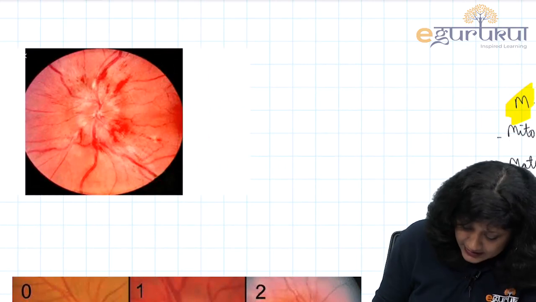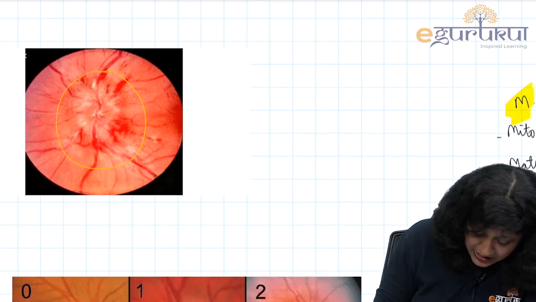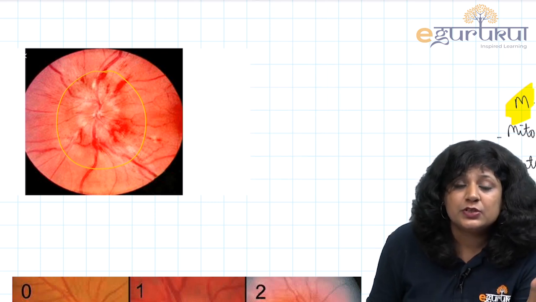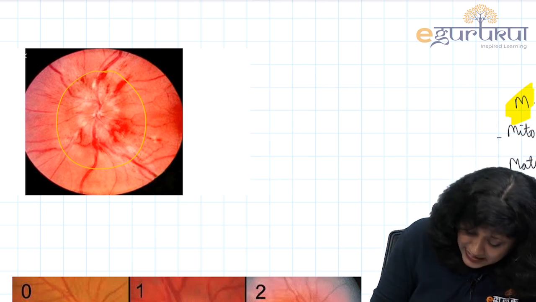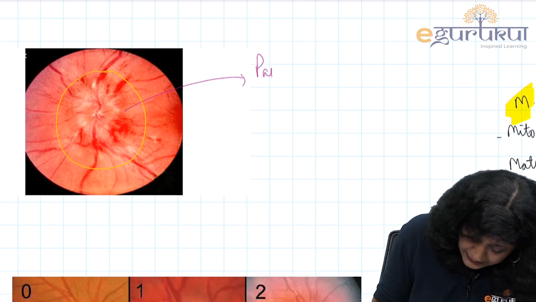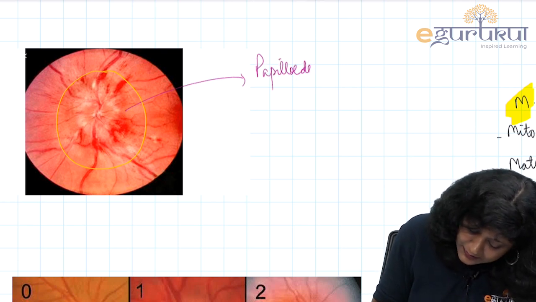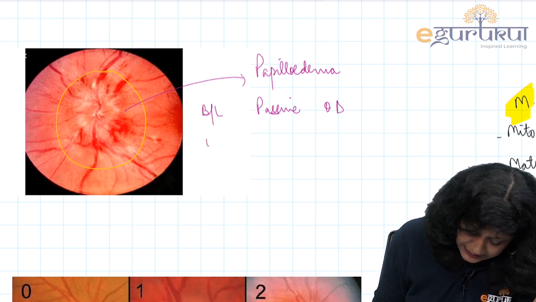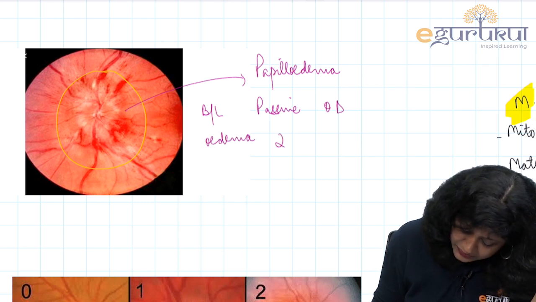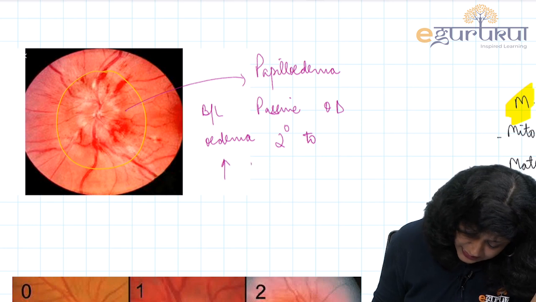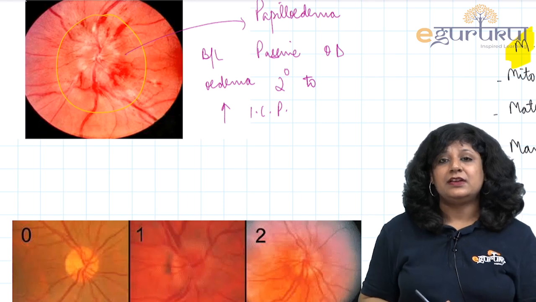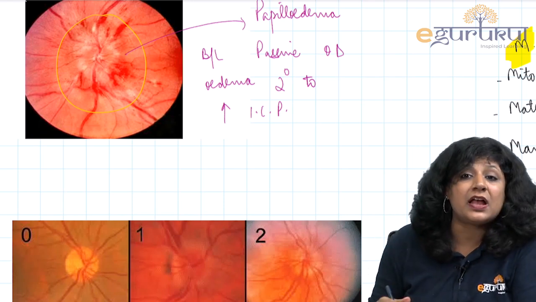Then see this. Here also you can see such a large optic disc, right? So what is this? This is actually a case of the papilloedema, which is actually bilateral passive optic disc edema secondary to the raised intracranial pressure. So this is a passive condition, and the amount of the optic disc edema is much more.